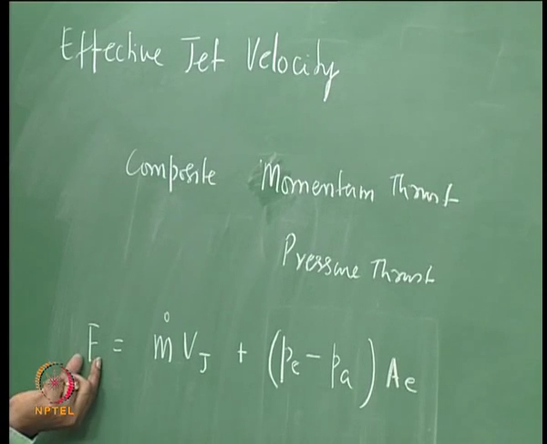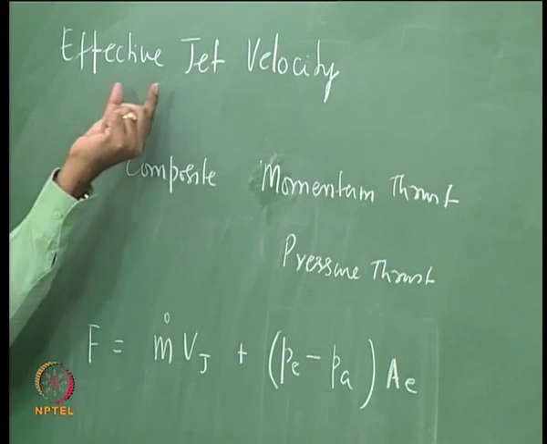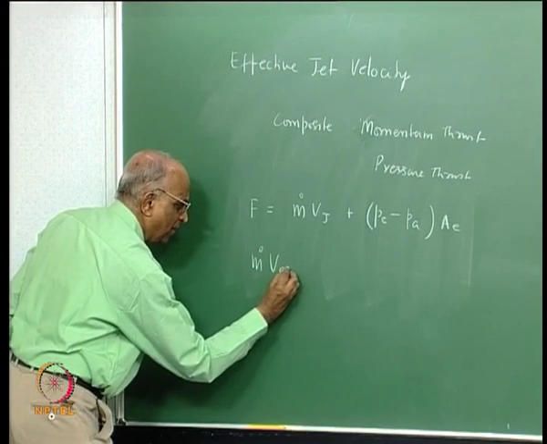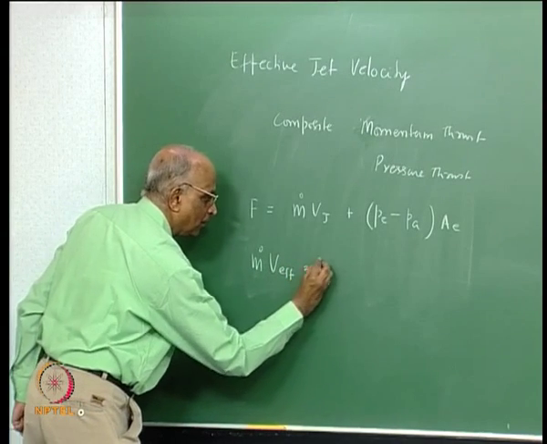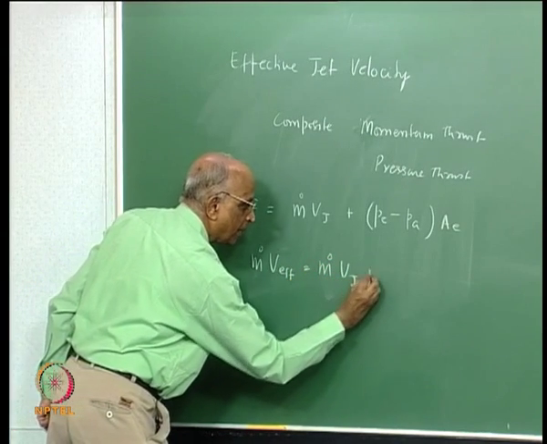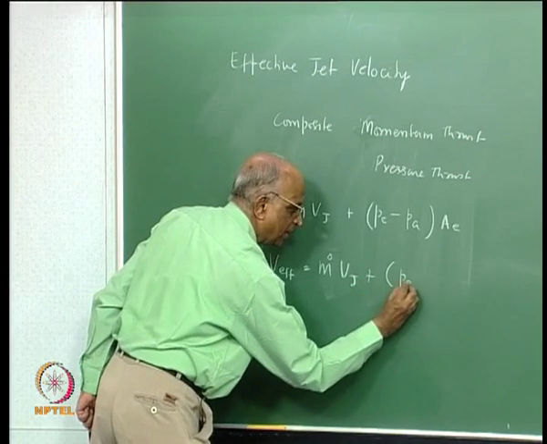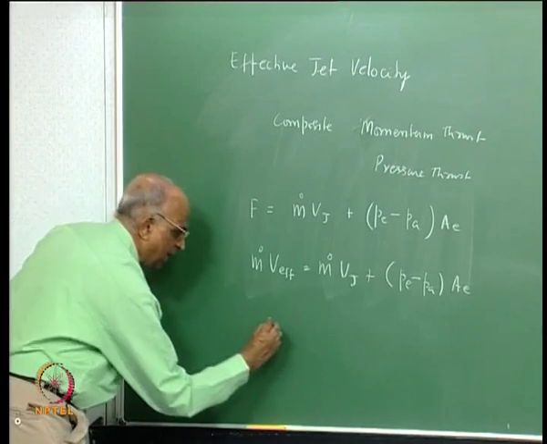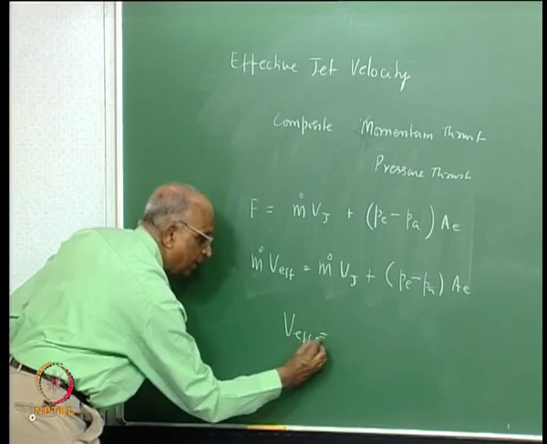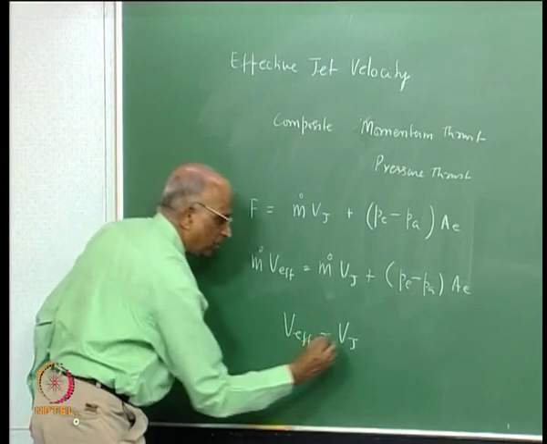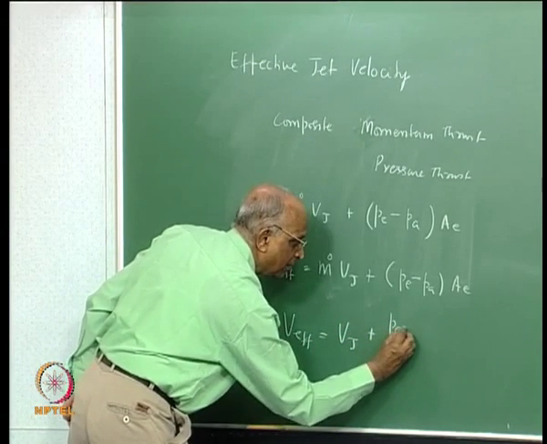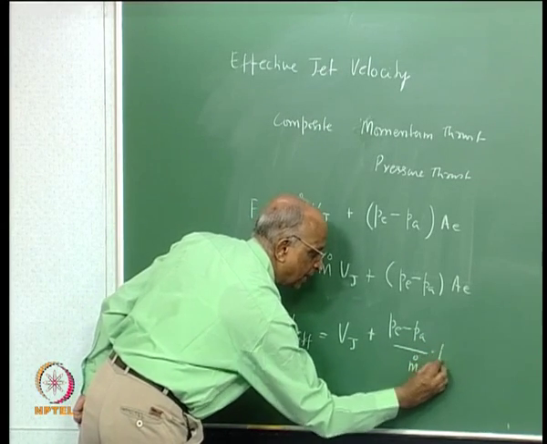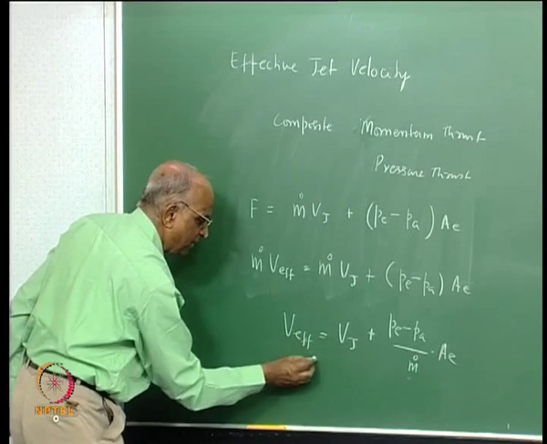Now, if I have to put this thrust in terms of an effective jet velocity, I say F is equal to m dot into V effective, and this is equal to m dot into Vj plus the same thing, Pe minus Pa into area, and therefore the effective jet velocity is equal to the jet velocity plus Pe minus Pa divided by m dot, into Ae, and this is defined as the effective jet velocity.